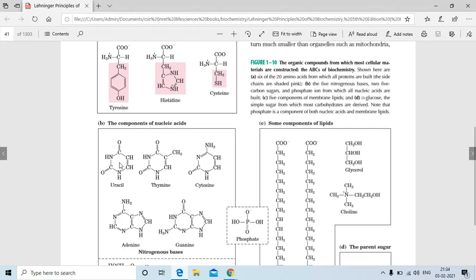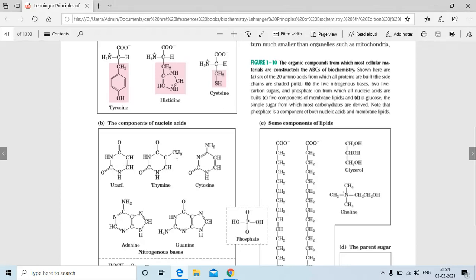As we can see in uracil, thymine, and cytosine, what is the change in the structure? We can see that in thymine CH3 is connected with this carbon, but in uracil only H is connected, so there is a difference of hydrogens here. The rest of the structure is the same in uracil and thymine.